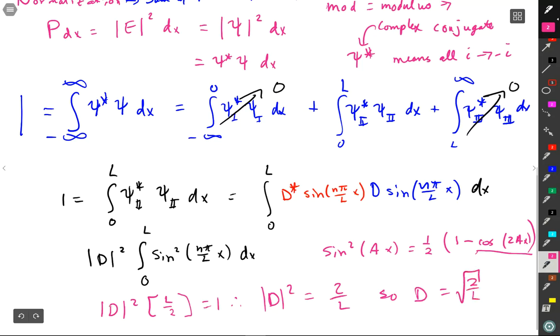And technically, you could have times e to the i phi, where phi is any angle. We just go ahead and choose phi to be 0, and then it's just 1. So we arbitrarily choose to just drop that off because it could be anything.